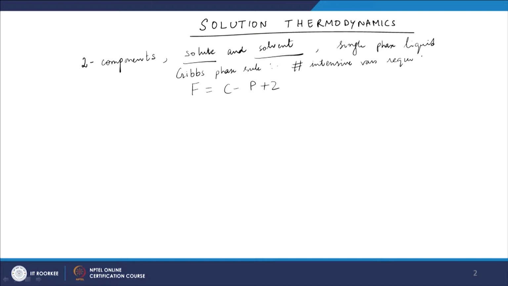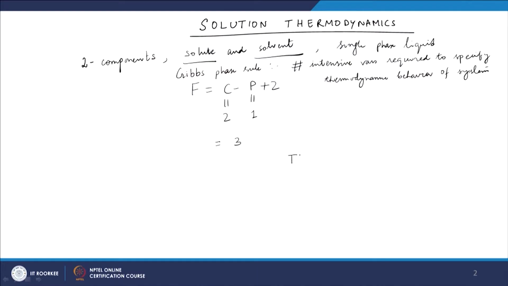Number of intensive variables required to specify the thermodynamic behavior of the system, and in this case C is the number of components which is 2, P is the number of phases which is 1, so we get 3. So we can have 3 intensive variables which will perfectly characterize the system.